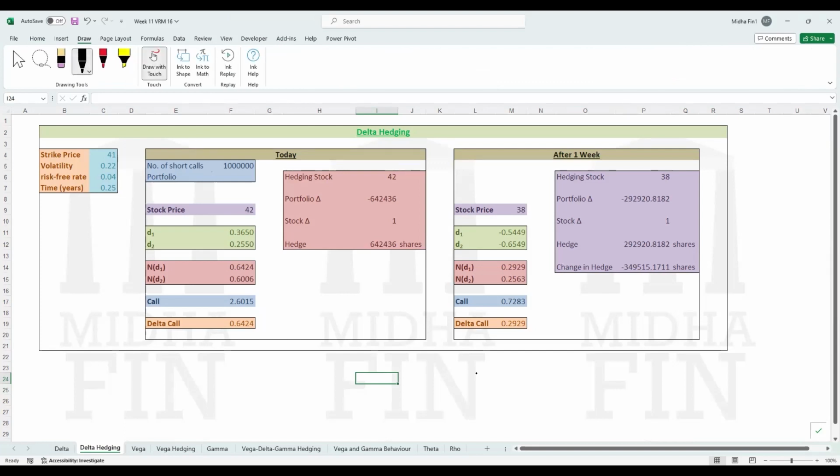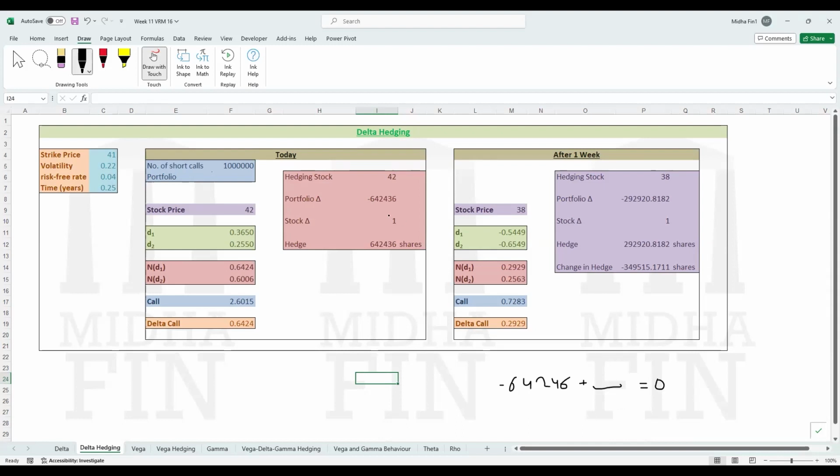Let's say my exposure is negative 64,246. This is my existing exposure. Now I need to add something to my portfolio so that my net exposure becomes 0. This is my hedging equation, you can say.